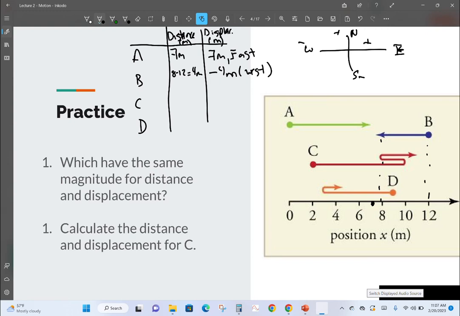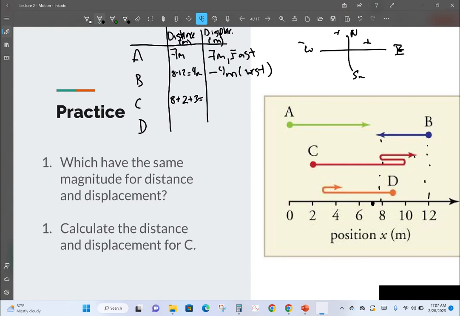In C now, we've done something different, right? We started at 2 and we went to 10. So we went 8 meters, and then we went negative 2 meters, and then we went positive 3 meters. So we went 8 meters and 2 meters and 3 meters.